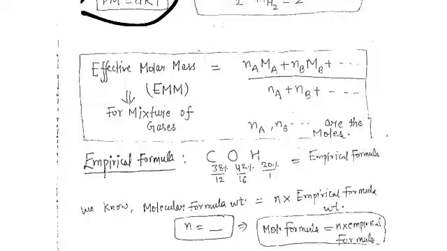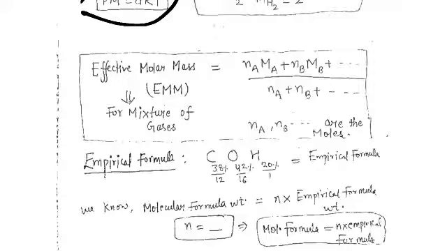So here the formula is (Na Ma plus Nb Mb and so on) upon (Na plus Nb and so on). Depending upon the number of species present, we have to write down the number of moles.